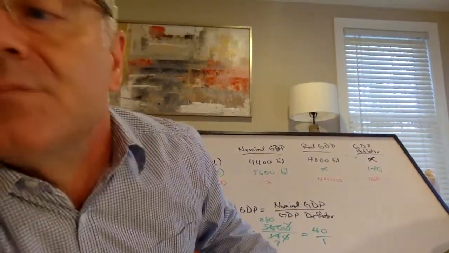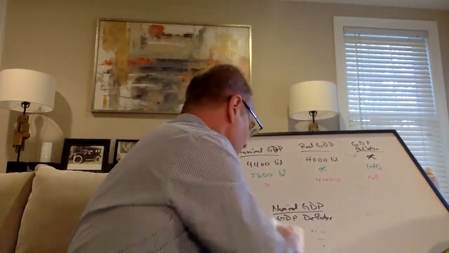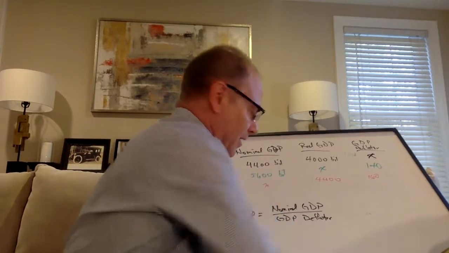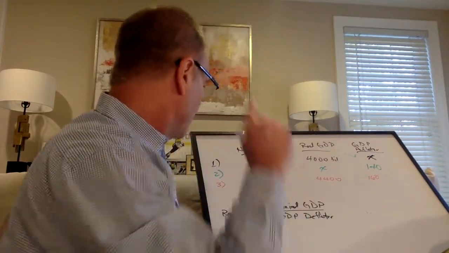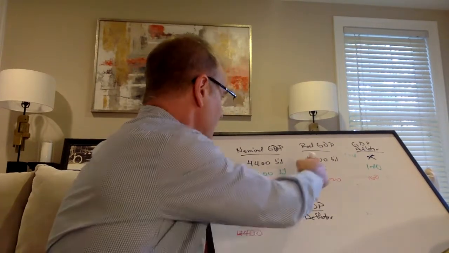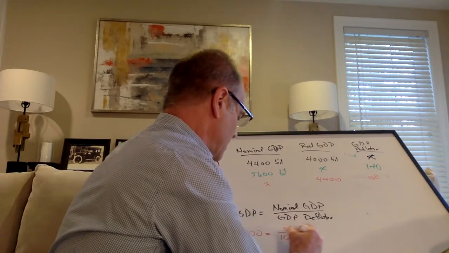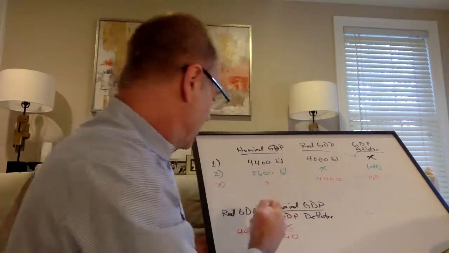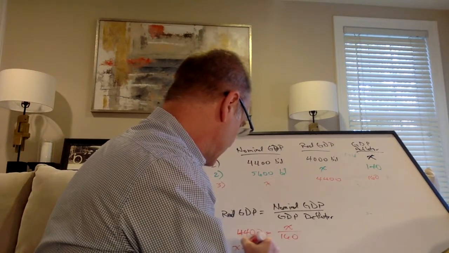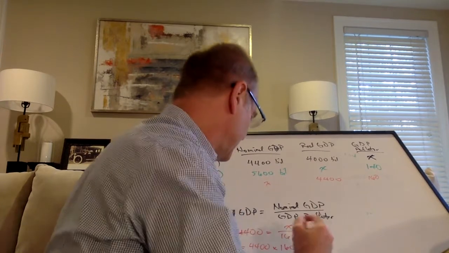And let's see if I can do this without a calculator. So we know that real GDP, 4,400, equals X divided by 160. So X just equals 4,400 times 160.